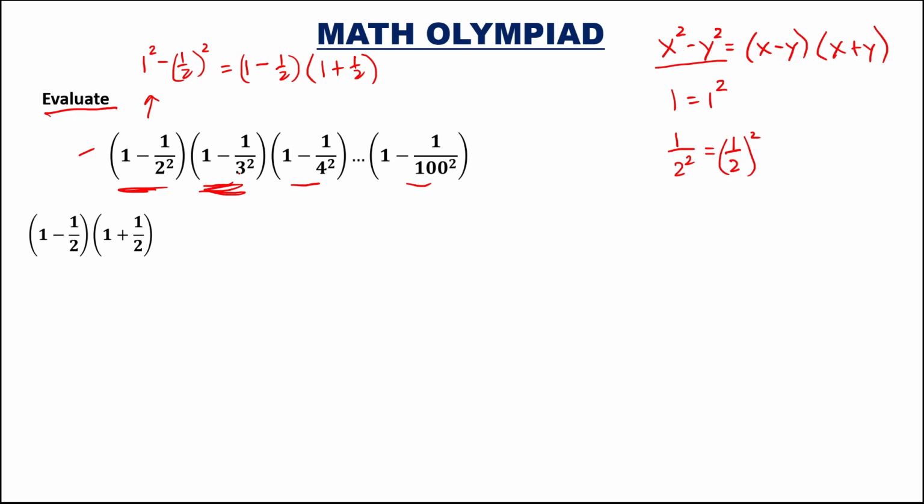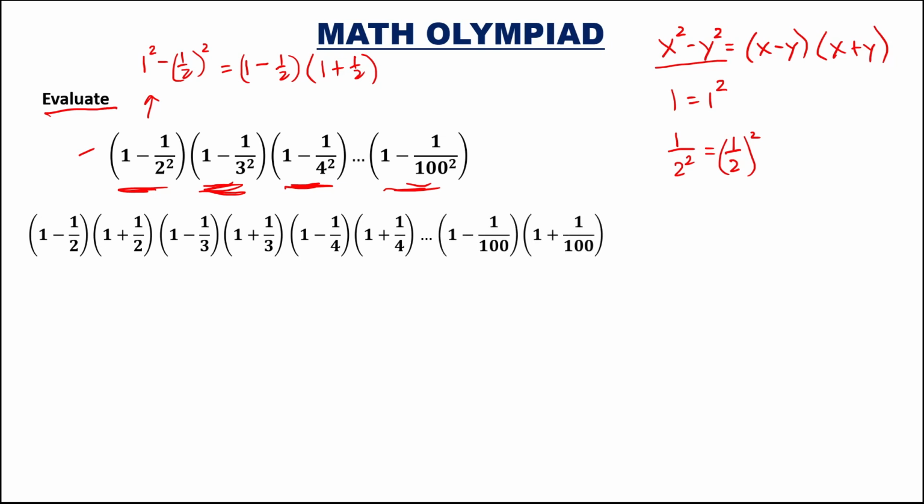Then for this, this is equal to 1 minus 1 third, times 1 plus 1 third. Then for this, 1 minus 1 over 4 times 1 plus 1 over 4. Then for this, this is equal to 1 minus 1 over 100, times 1 plus 1 over 100.